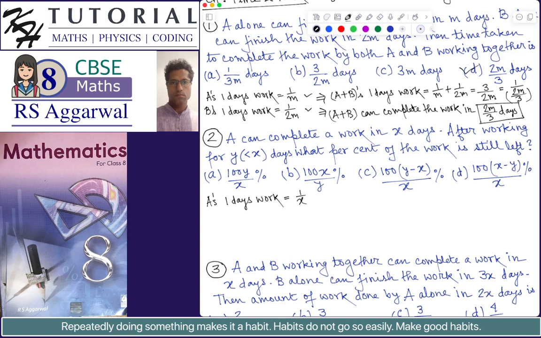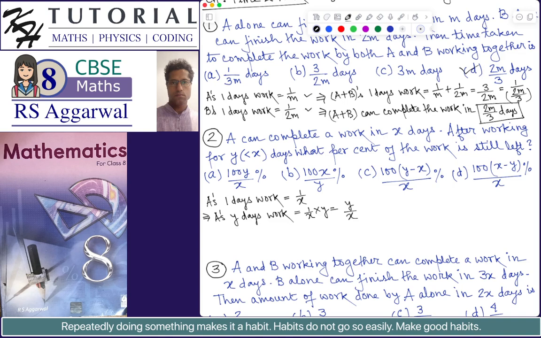So A's 1 day's work is 1 by X, which implies A's Y days' work. Simply using the unitary method, it will be 1 by X multiplied by Y, which is equal to Y by X. So Y by X is the amount of work done in Y days by A.